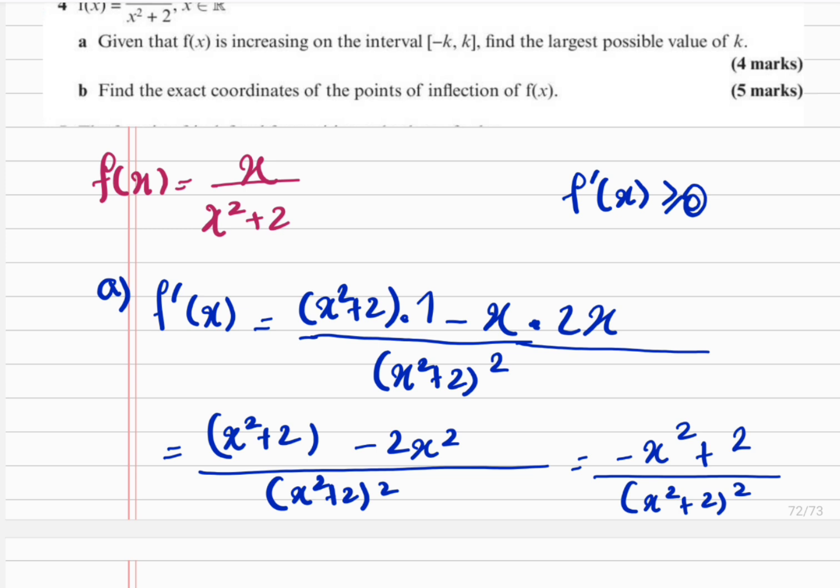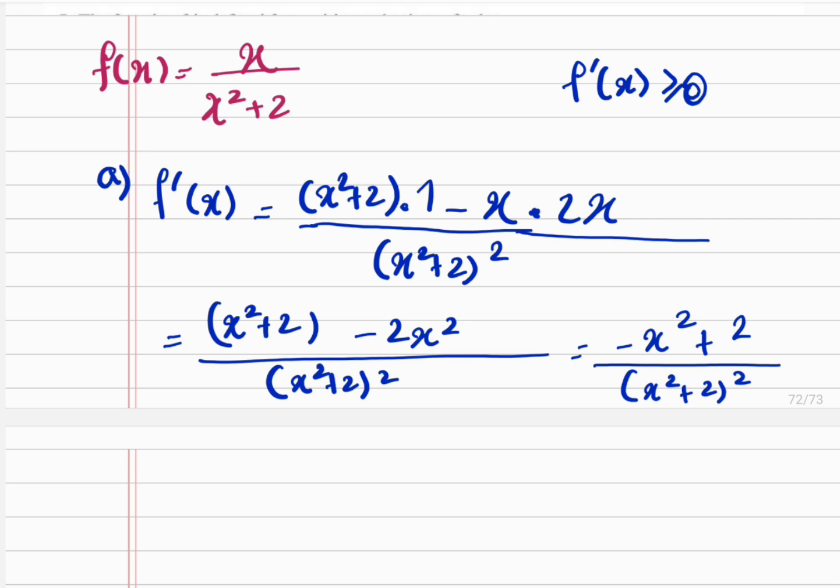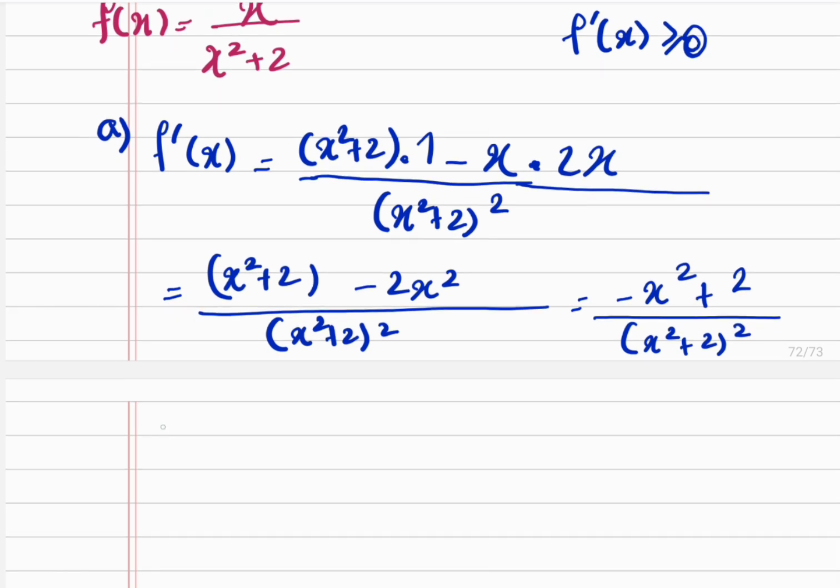Now in order to solve the inequality, what we can do here is basically setting f dash x equal to 0, because we need to solve this in order to solve the inequality. So we can first solve this equation and use the roots to decide about the ranges for the inequality.